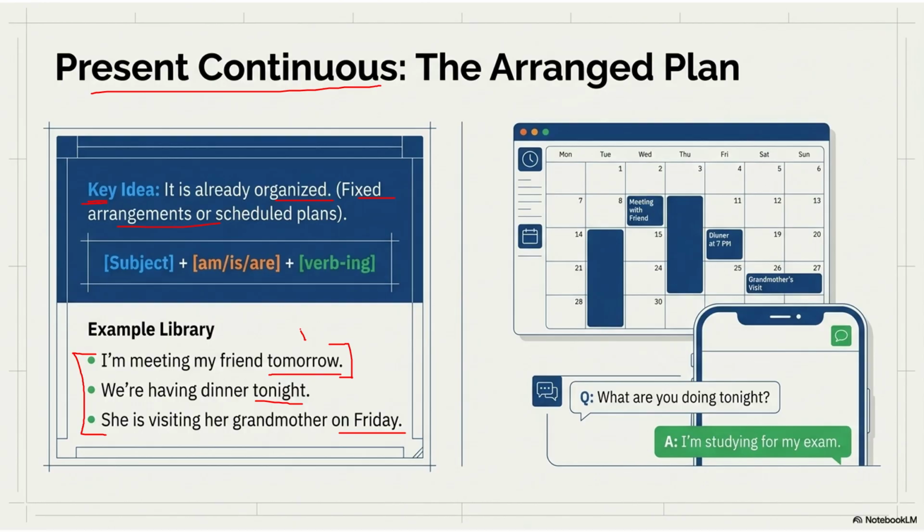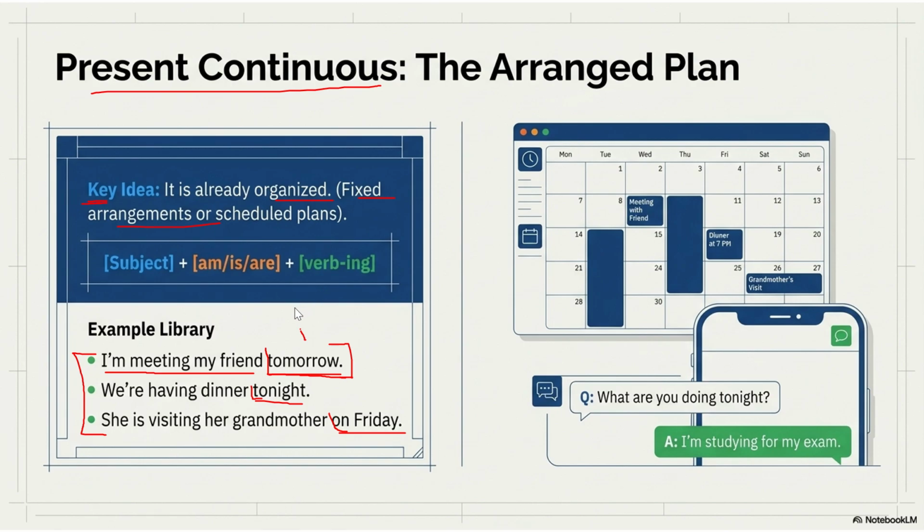When I have a present continuous sentence like this one, and at the end, I have a time reference in the future, like tomorrow, like tonight, or on Friday, automatically the sentence goes from present continuous, an activity that I'm doing at the moment, to present continuous for a future activity. The only thing that changes is the ending part. Because in this case, we add a time reference of the future.